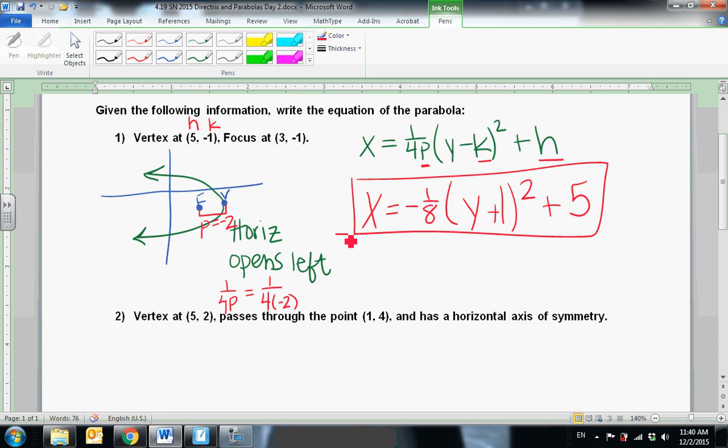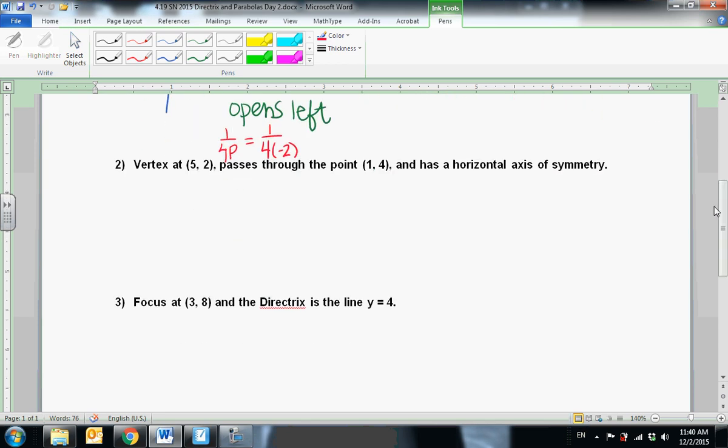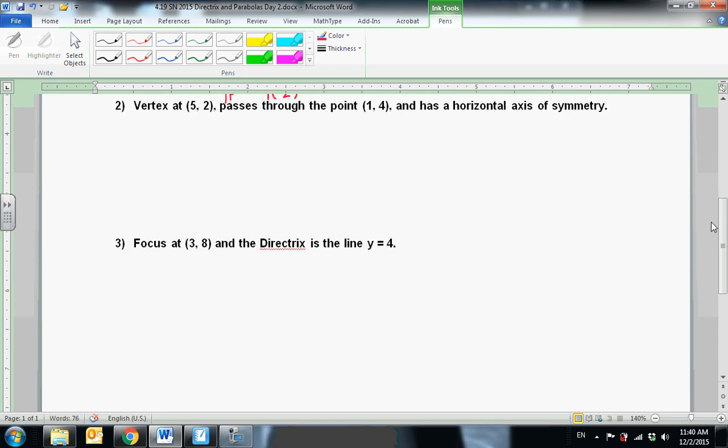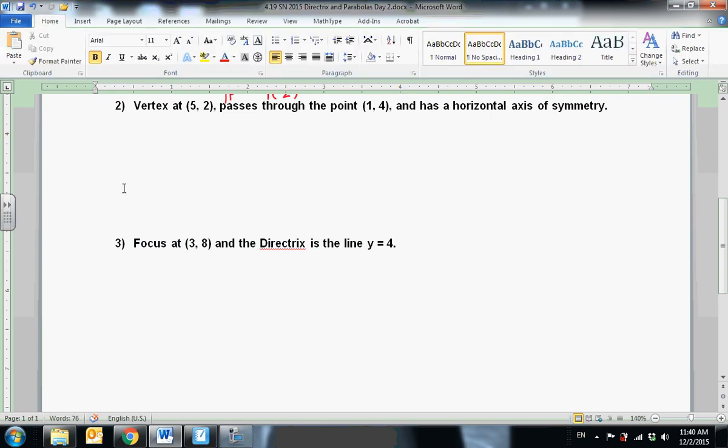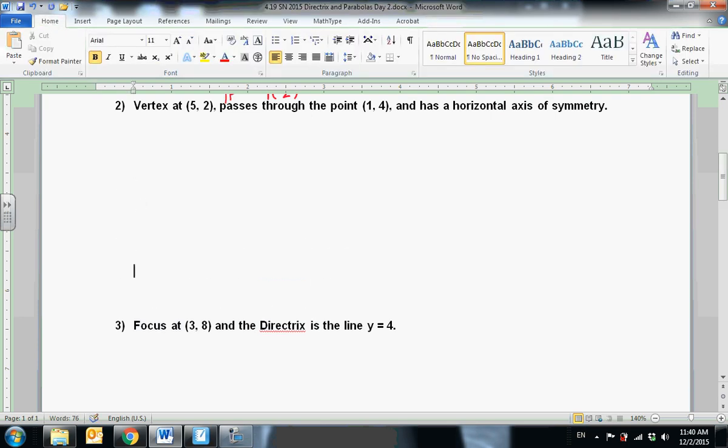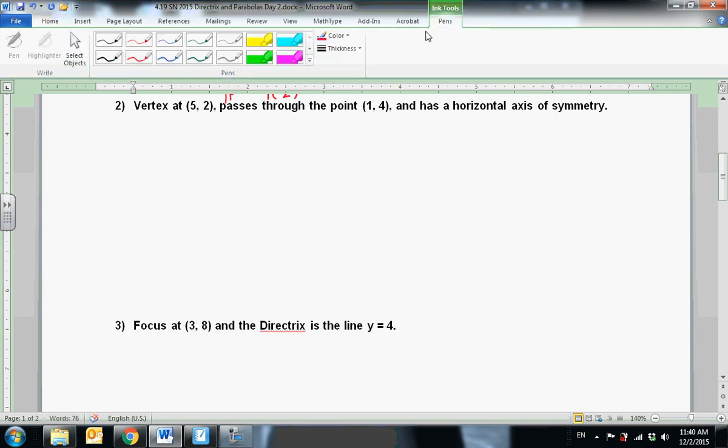All right, let's move on to number 2. Let me give myself a little more room here. All right, a vertex at (5, 2) and passes through the point (1, 4) and has a horizontal axis of symmetry.